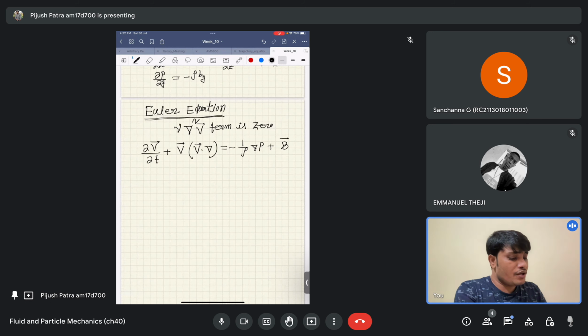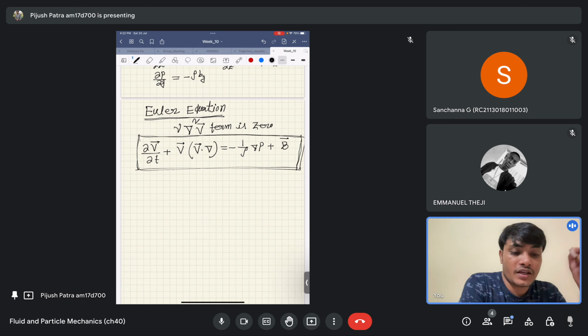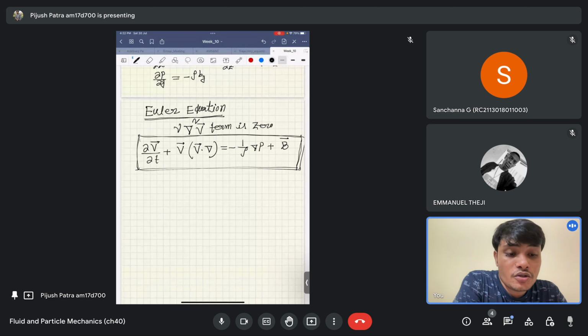In the same way you can write this equation in x, y and z direction, and from this Euler's equation you can actually derive the Bernoulli's equation, which I will do in the next class. The Bernoulli's equation that you know, that the total mechanical energy is conserved, is not the actual full form.